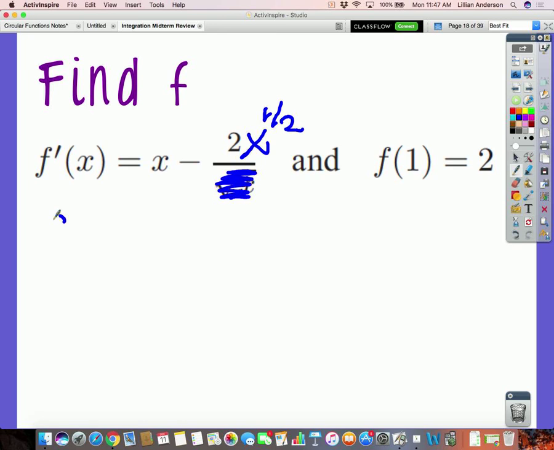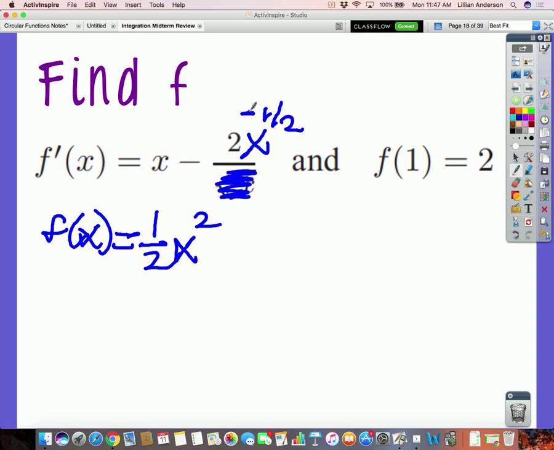So, the antiderivative, which is f of x, your original function, would be 1/2 x squared. The square root of x turns into x to the negative 1/2. Okay? So you gotta bring it up from the denominator.